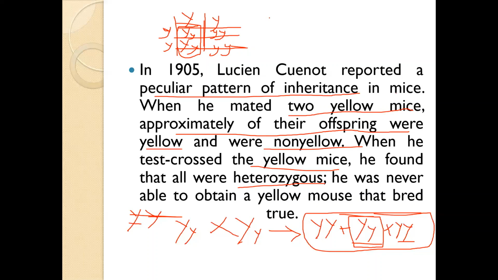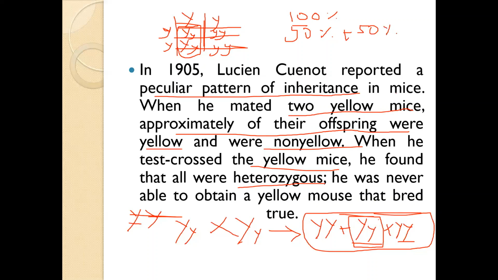Because if you already have an idea of the test cross process, if a particular organism is homozygous, the test cross will give you 100% of the dominant character. But if the organism is heterozygous, the test cross will give you a 50-50 ratio of the dominant and the recessive one.